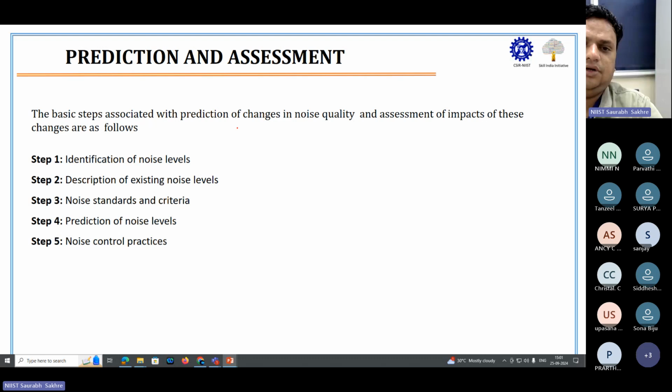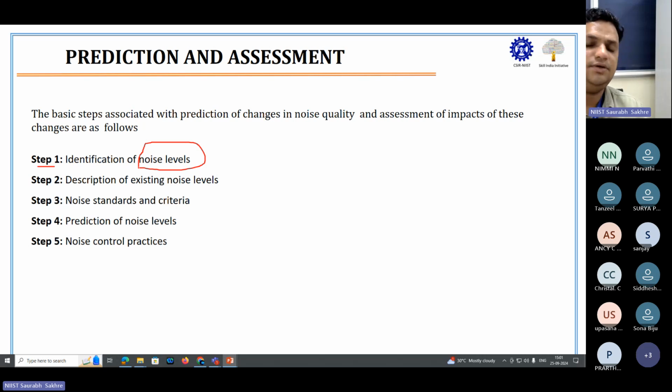So now, in every part, when I describe what steps you need to follow for carrying out EIA, in this also we have certain steps which we need to follow. In this case also, step one will be the identification of noise levels. Now you will be able to connect one by one.